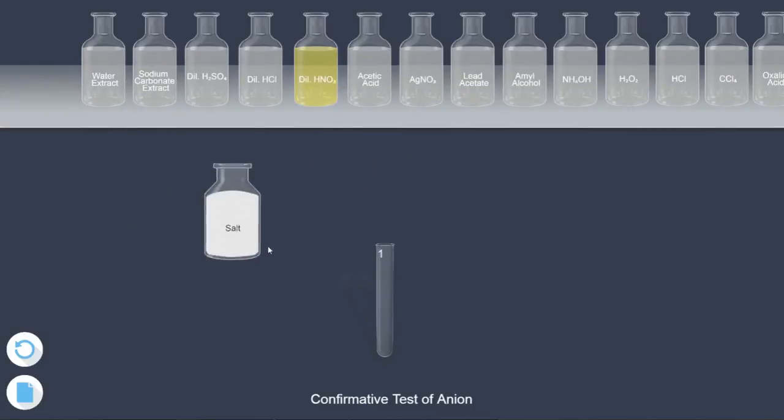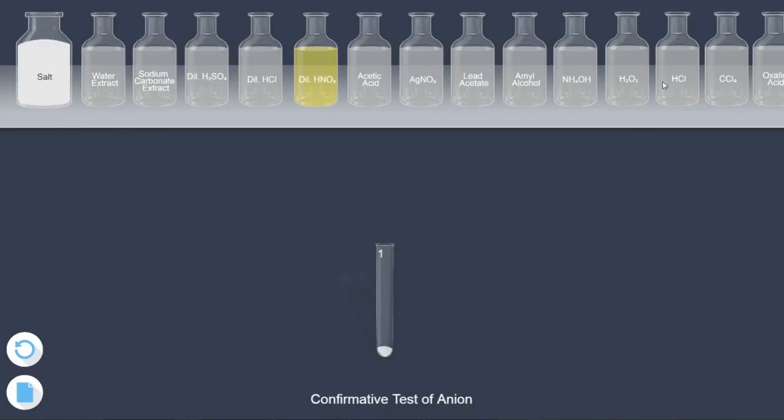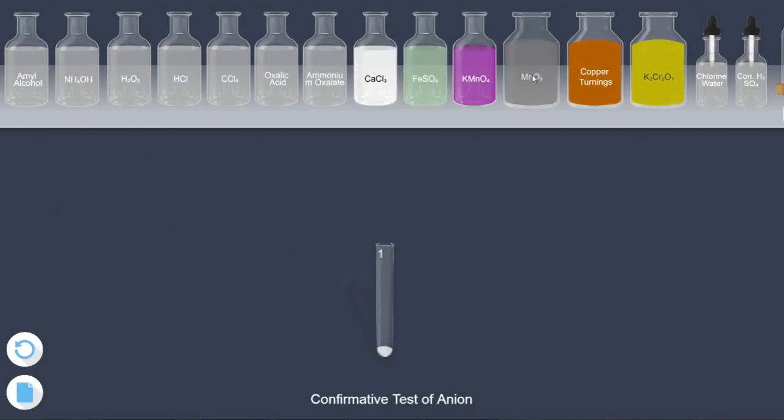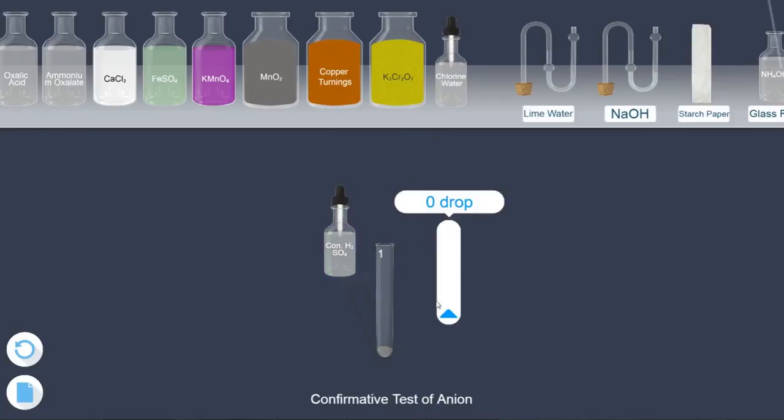Take a test tube, add 0.1 gram of salt to it. Add a pinch of manganese dioxide and 3 to 4 drops of concentrated sulfuric acid. Heat the reaction mixture.